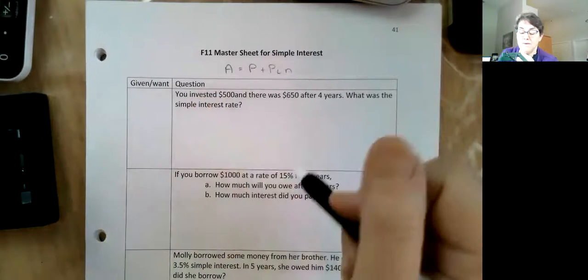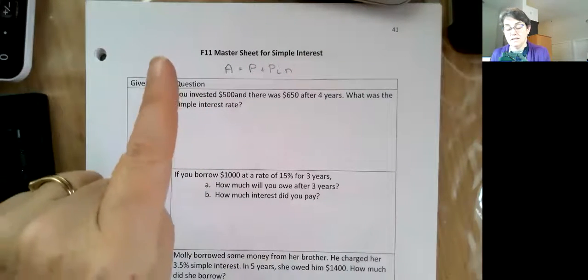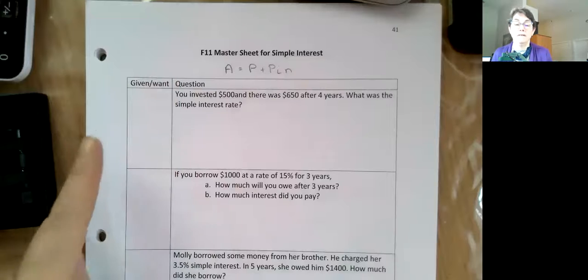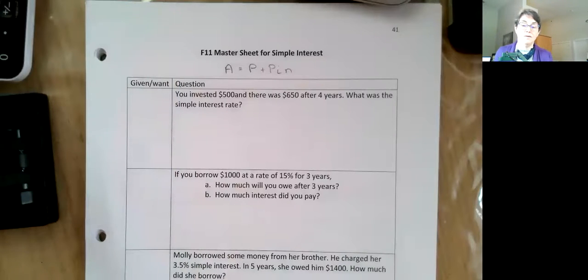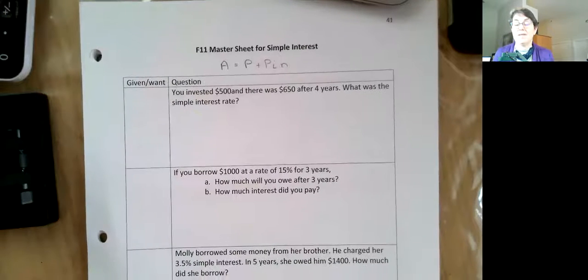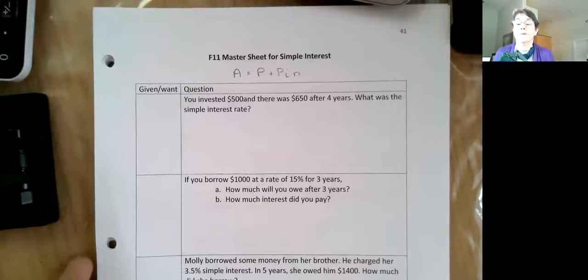So if you have this sheet all filled in, and you come across a simple interest question and get a little lost, all you have to do is look at what's given and what you want, then compare it to the sheet, and you'll know the process. Although if you've done all the practice so far in this chapter, you'll have no problem with it.